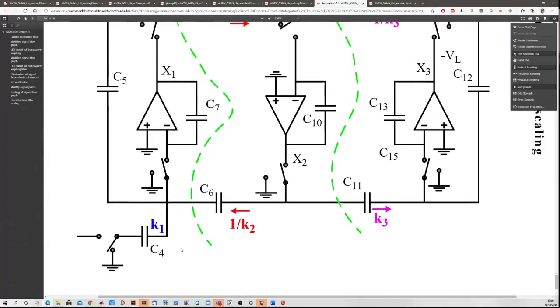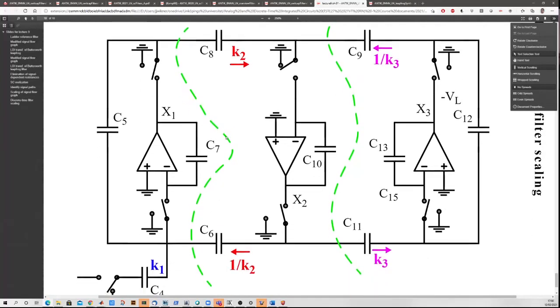So that you can do, for example, by just reducing or increasing C4. That will amplify the entire network because that amplifies directly the input signal. So that's quite low-hanging fruit. However, you also have the issue that you might have too high swings propagating through the network.